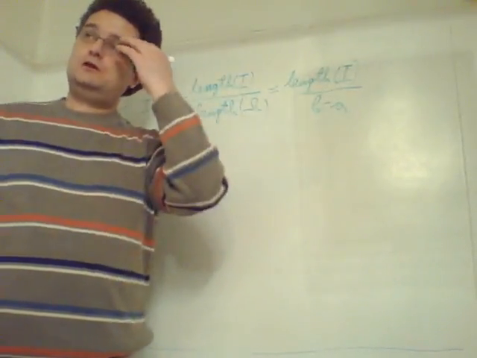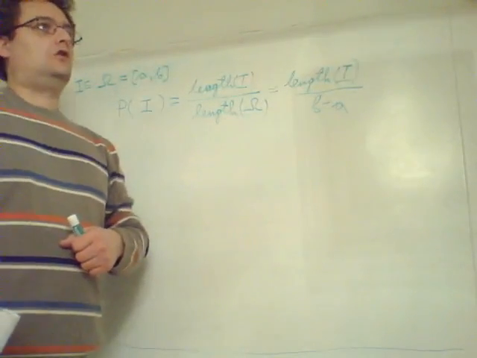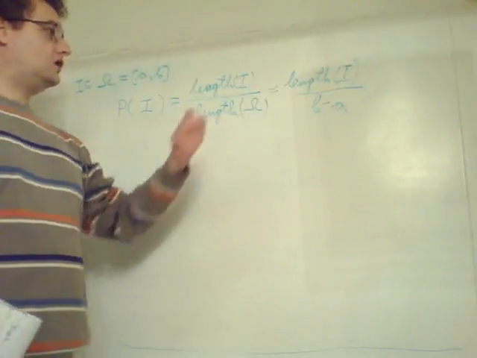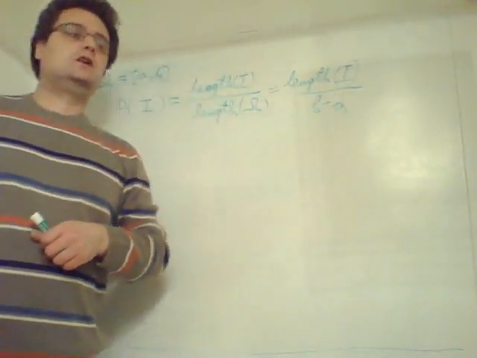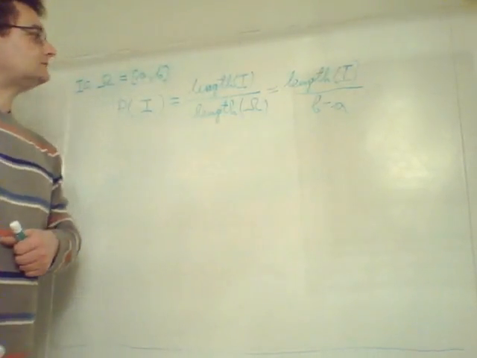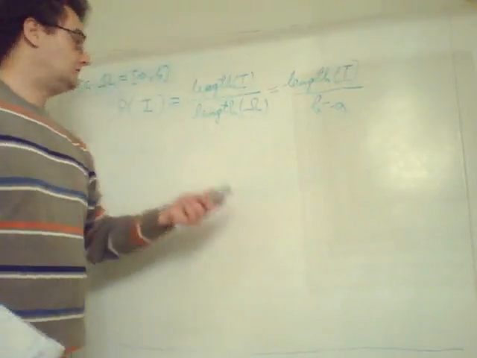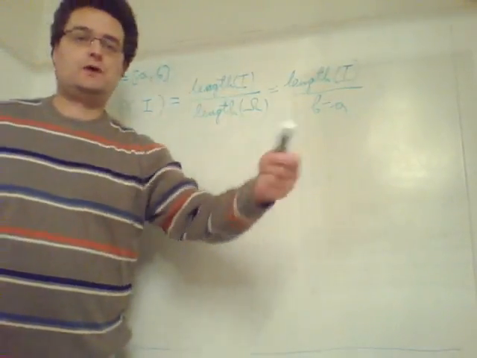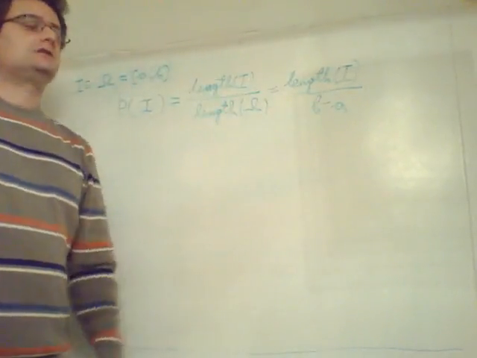But now, can we define probability of some events which are not intervals? And we saw that we cannot do that. We had that Vitali example, Vitali set. But the question is, for what sets can we compute probability under uniform conditions?